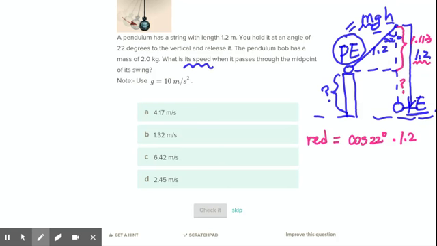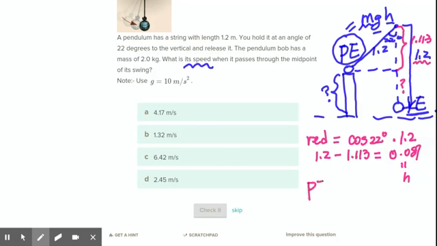So if you use 1.2 subtract 1.113, it is equal to 0.087, which is the height. Okay? And once you have the height, you can find your PE, potential energy.